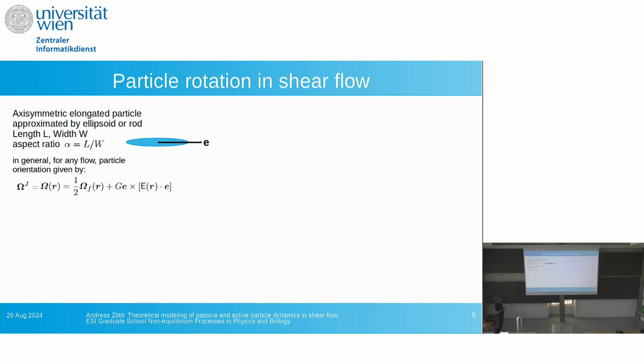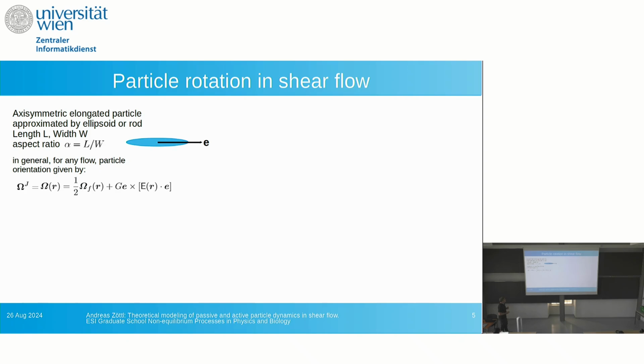Okay, once more, a bit more in detail. So when we look at an elongated particle, we can assign a director. Let's call it E. When you have a simple rod or ellipsoid, it's kind of a nematic object. It's not entirely clear where you want to put the director, here or here.